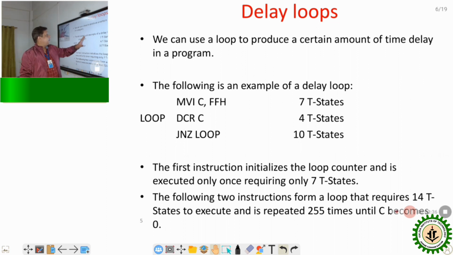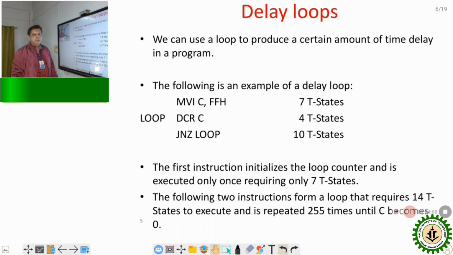Now this is a very simple delay loop, which is using a simple 8-bit register as a counter. If you just have a glance at this small 3-line program segment, this is not a program, it's a program segment, or you can say a subroutine also. Here in register C, I am moving an 8-bit hex number, which is FF. In decimal, this is 255. Then I am decrementing it using the DCR instruction.